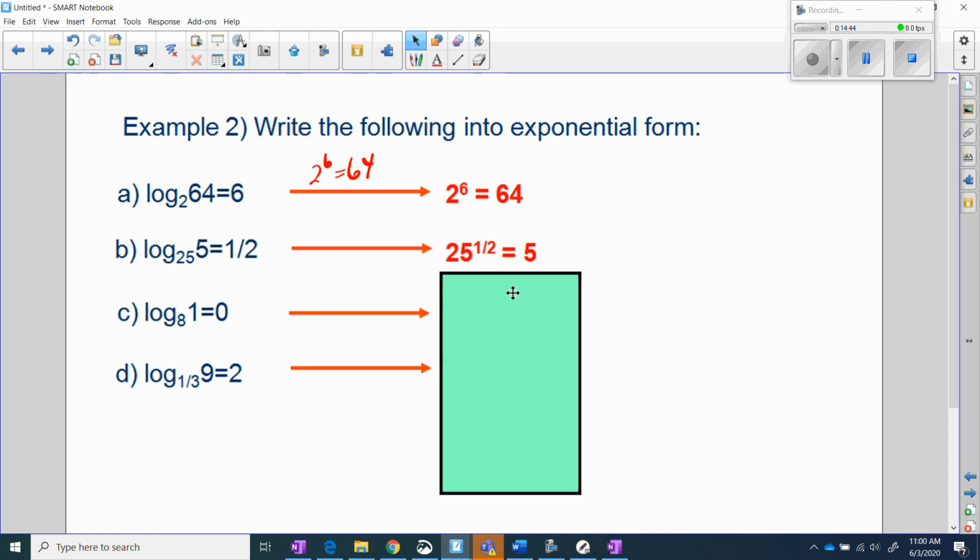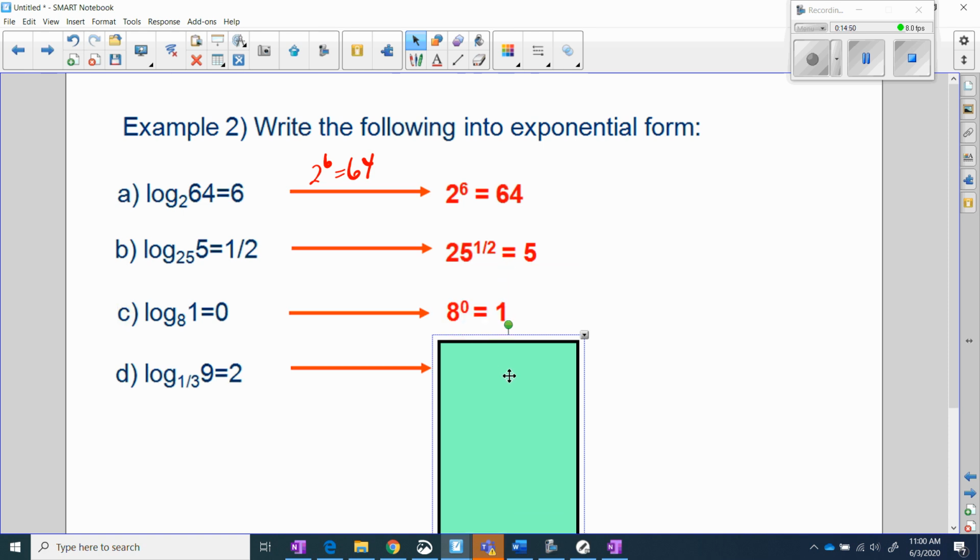8 to the exponent 0 should equal 1. 8 to the exponent 0 equals 1. 1/3 to the exponent 2 is not going to equal that; there's a typo on here I forgot to fix.